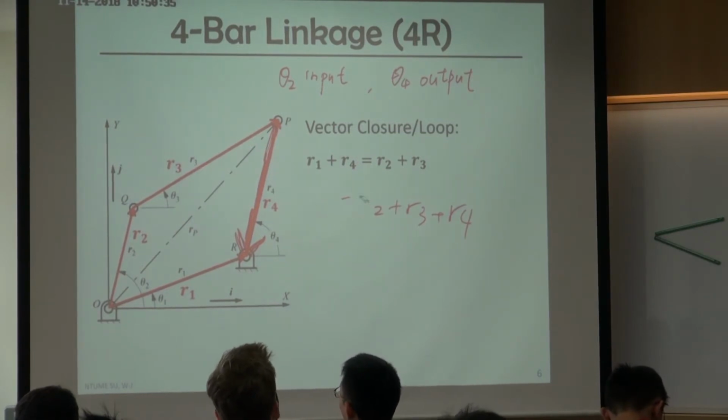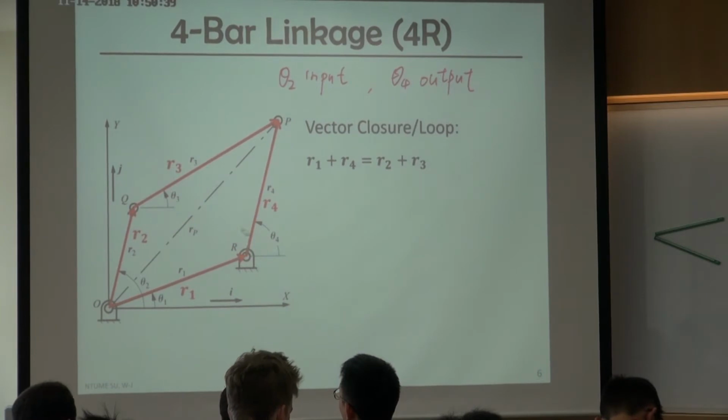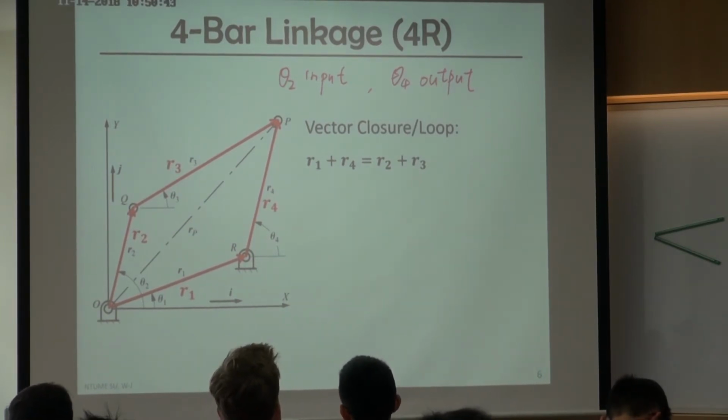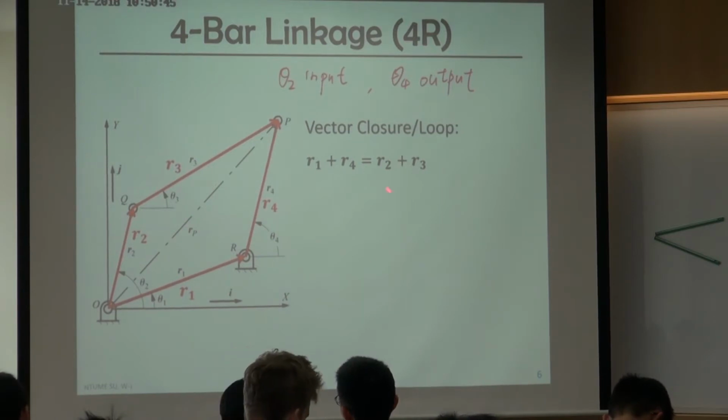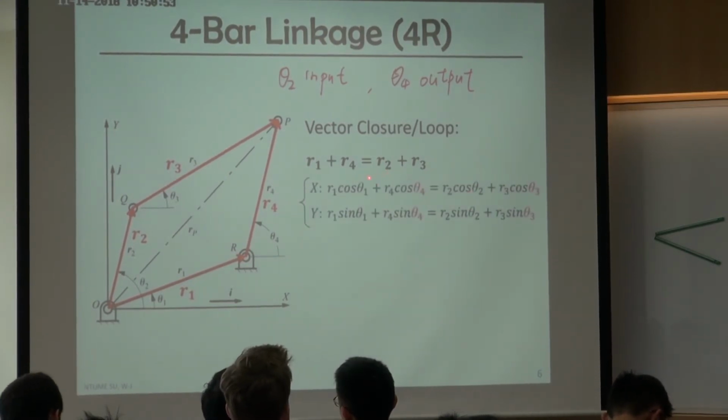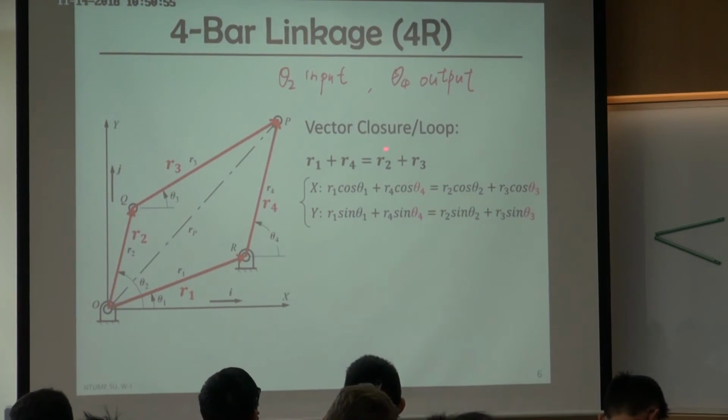So back to the original one. Once we obtain this vector equation, we should be able to find two scalar equations: the x component of this equation and the y component of this equation.